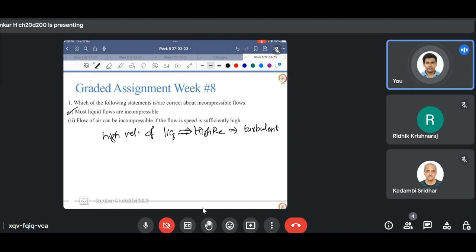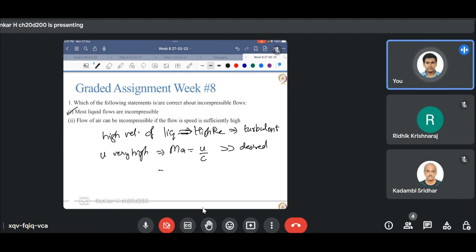Now, the second point here is flow of air can be incompressible if the flow speed is sufficiently high. If velocity is very high, then the Mach number, which is defined as the velocity to the speed of sound in the medium, will be much greater than our desired value.